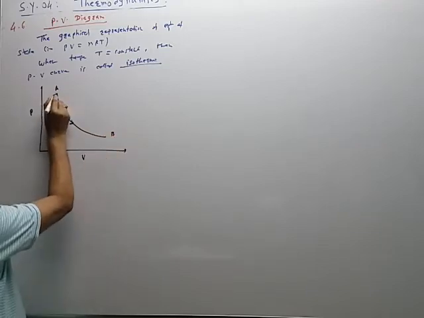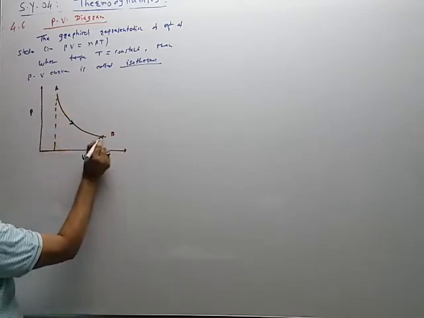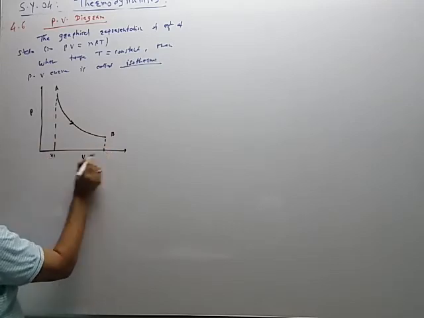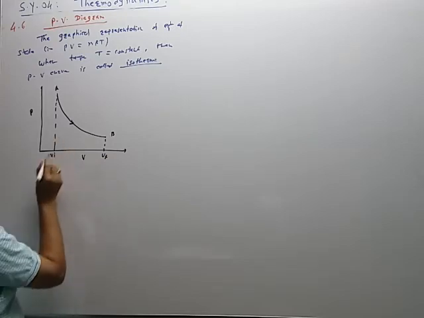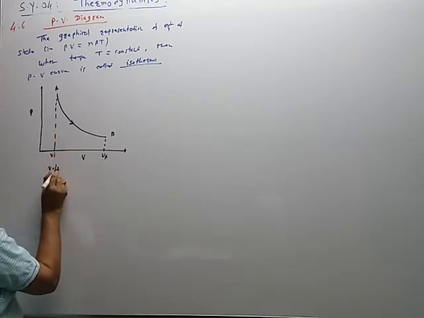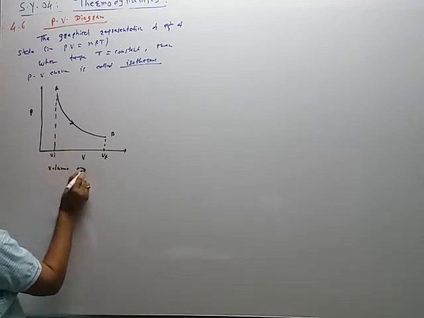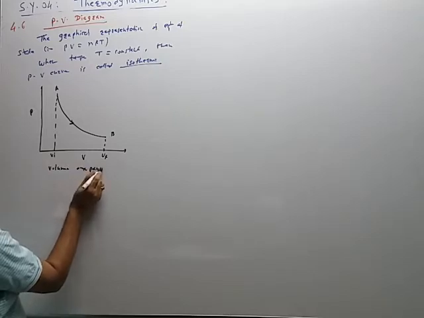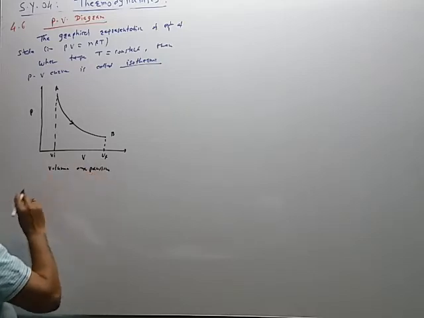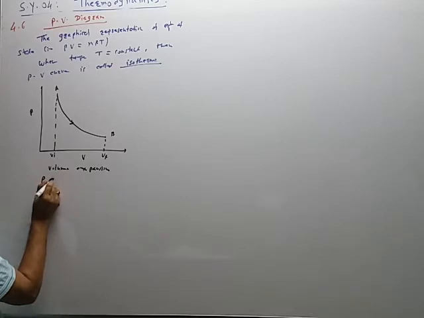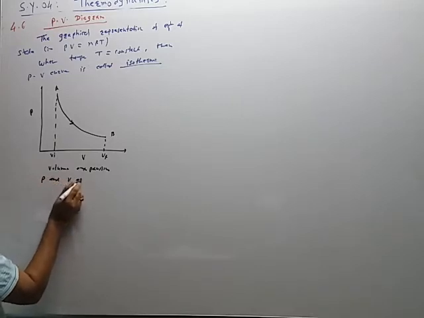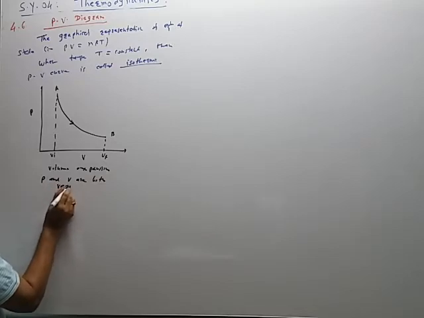So the volume increases from V1 to V2, or Vi to Vf. So this is the volume expansion. P and V are both varying.